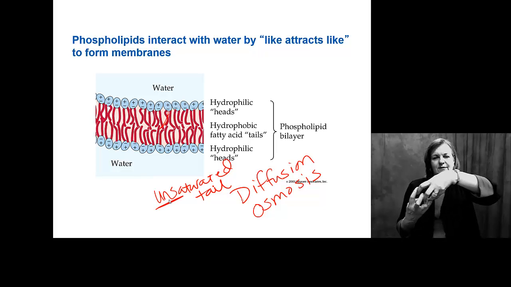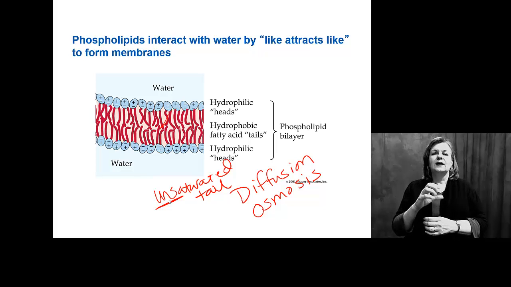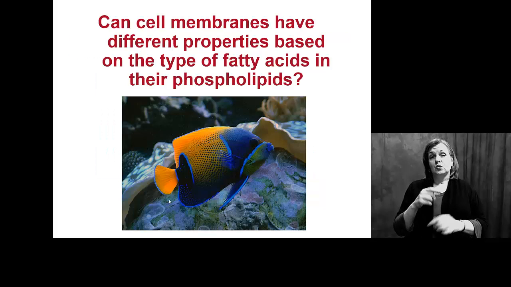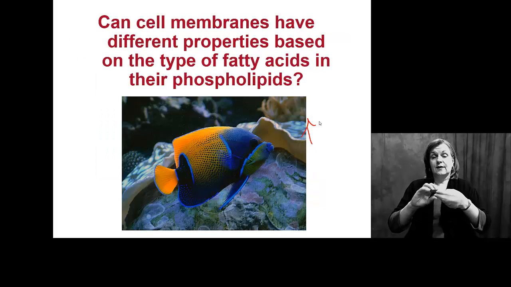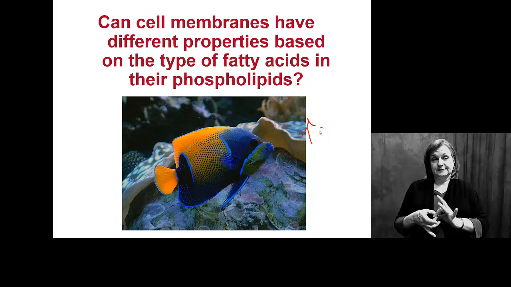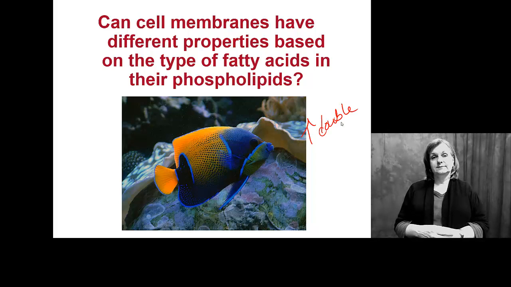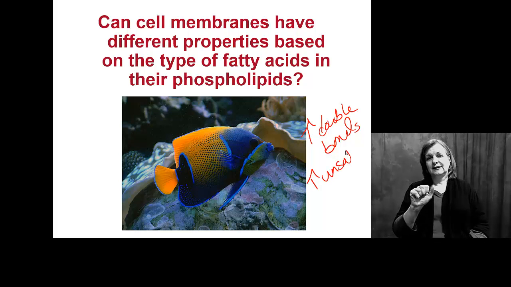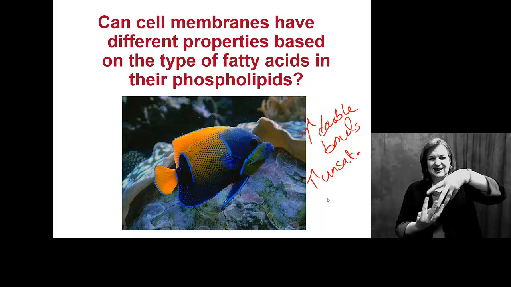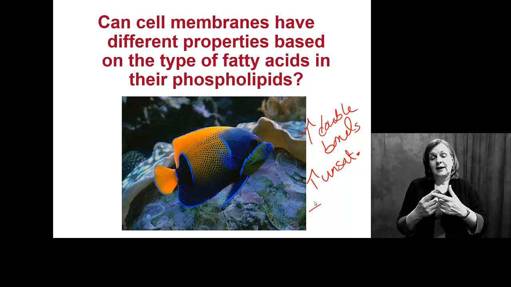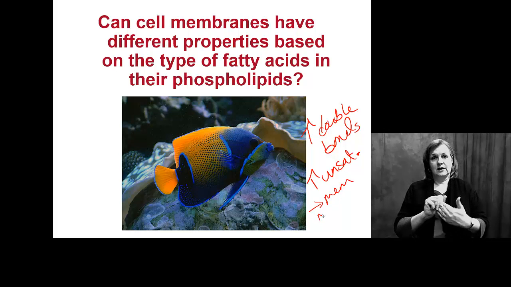It turns out that if you increase the number of double bonds, if you increase the unsaturation of those tails, we're actually going to have that membrane be even more flexible.